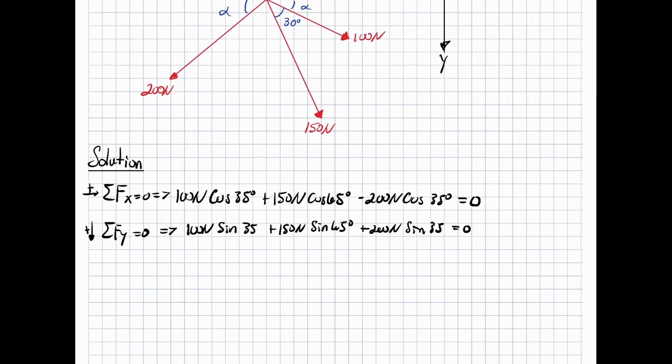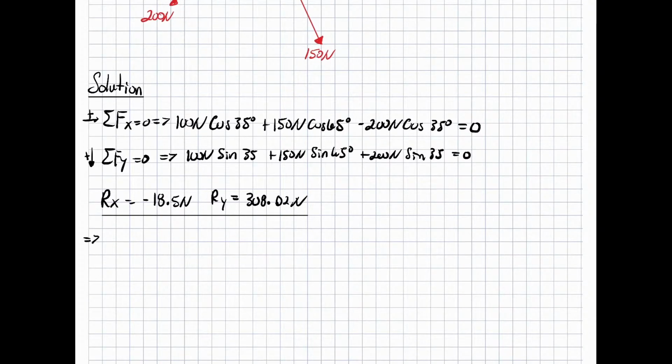Solving both of those equations out, I'm going to call them Rx and Ry. We get Rx to be negative 18.5 newtons and Ry to be 308.02 newtons. Now those are the component forms of the resultant, so we need to get those into a final resultant force.